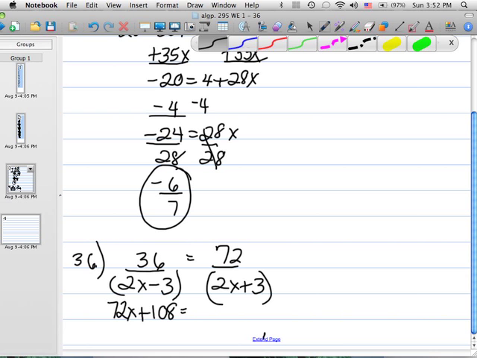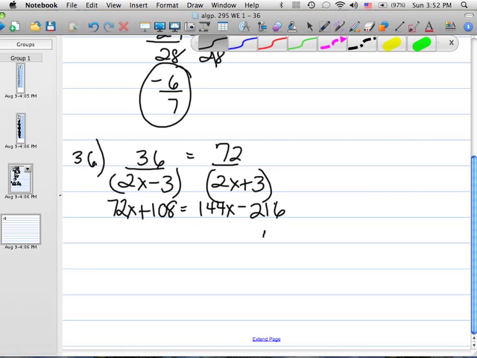And 72 times the 2x minus 3, we get 144x minus 216. Subtract 72x from both sides, and we get 108 equals 72x minus 216.